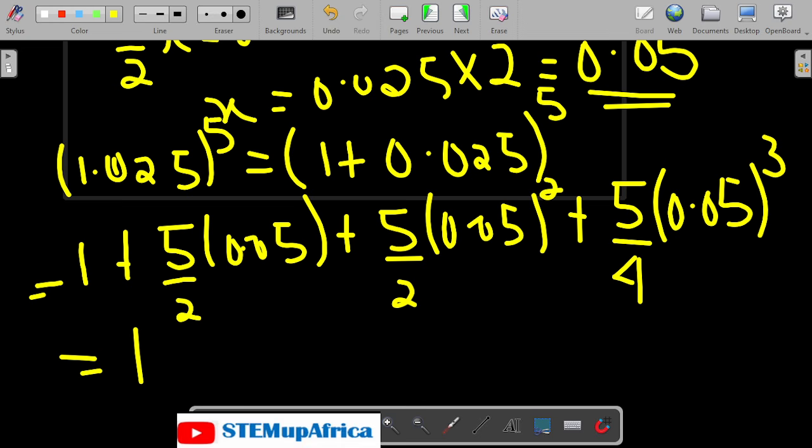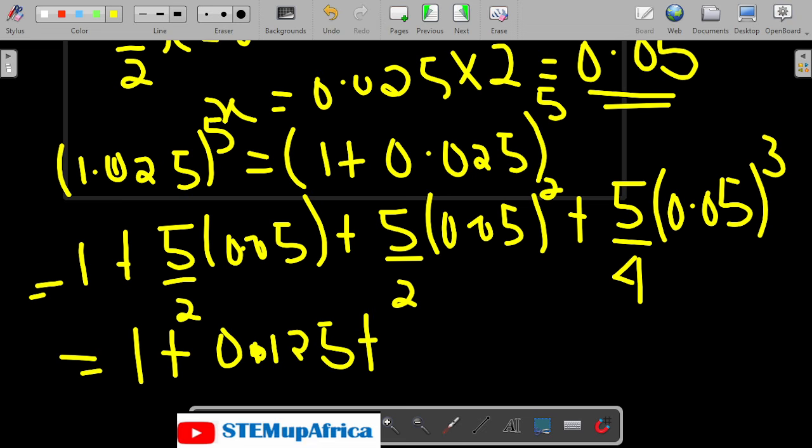I simplify here, give me 1 plus 0.05 times 5 divided by 2, that will give us 0.125.